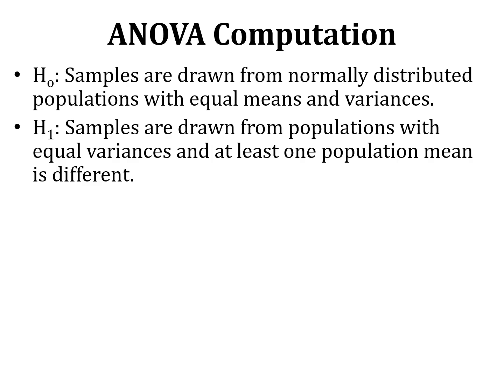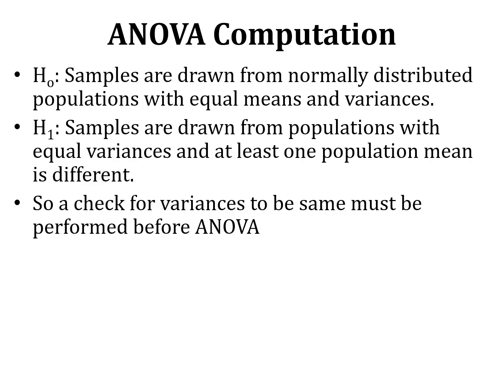In both of these hypotheses, we are assuming the variances of the samples to be equal. So a check for the homogeneity of variances must be performed before performing the ANOVA.